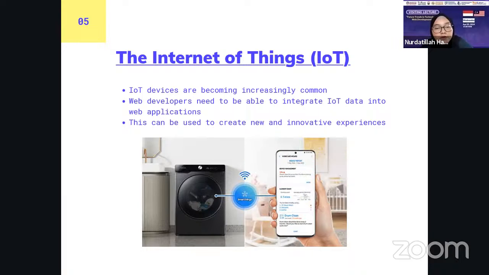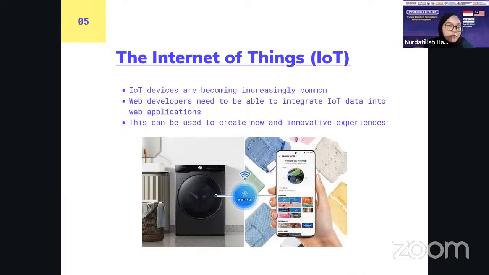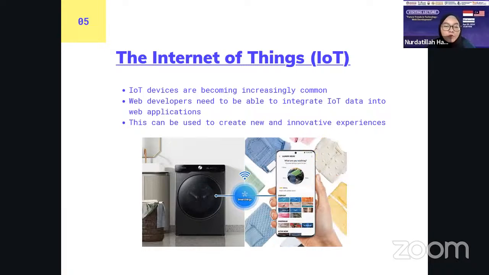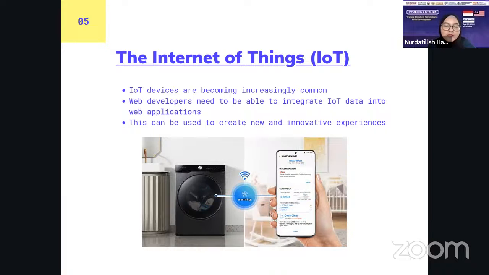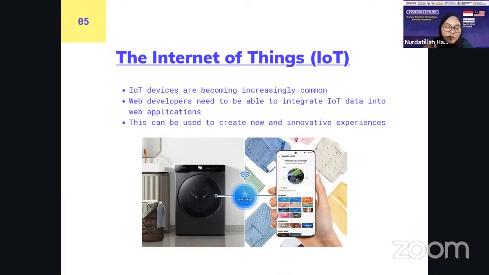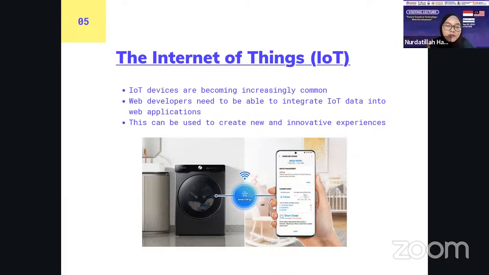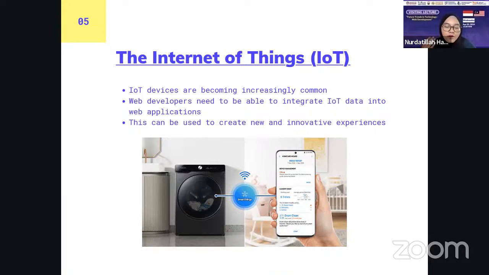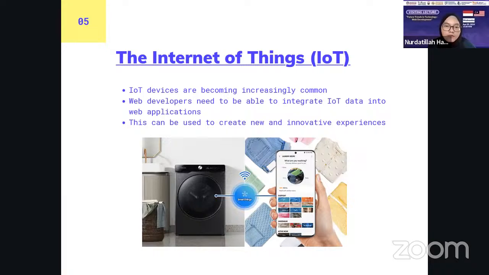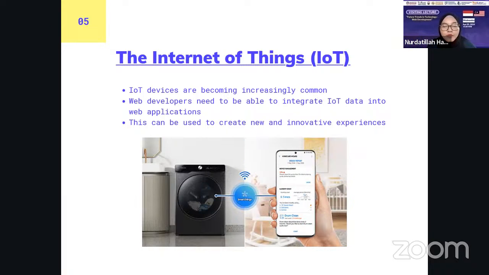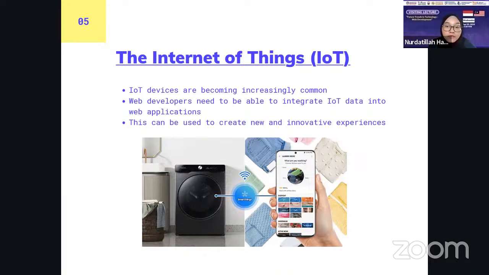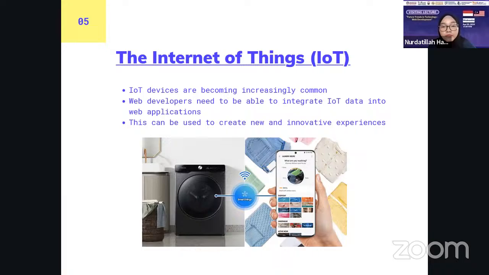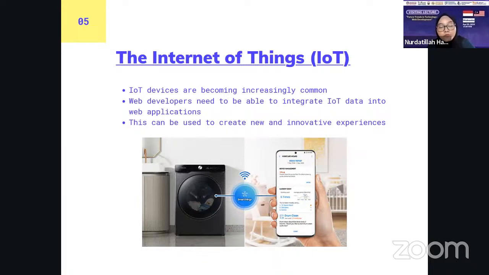Usually before this, when we finish loads of laundry, our washing machine will have this short music to alert us that they just finish washing, right? Now, because of the connectivity, they can communicate with your phone or with other devices that you connected the machine with, and alert you on your phone or your smartwatch, for example.